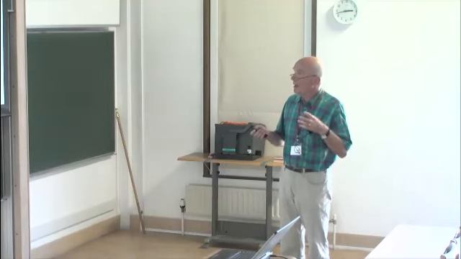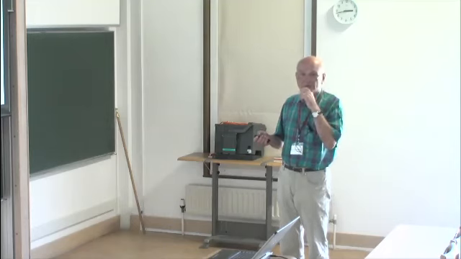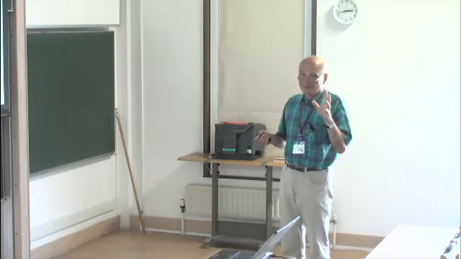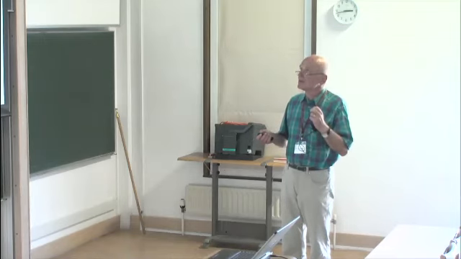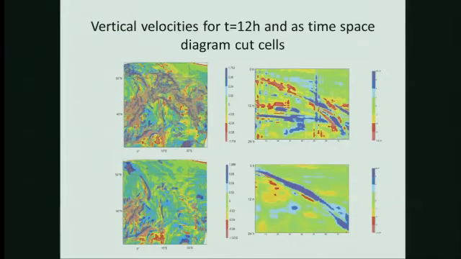I must make the point that real application I have done only for 3-dimensional mesoscale models, because before my pension that was my work. The other things tend to be rather simple. So this is a vertical velocity forecasted with these cut cells. This is the operational model of that time.